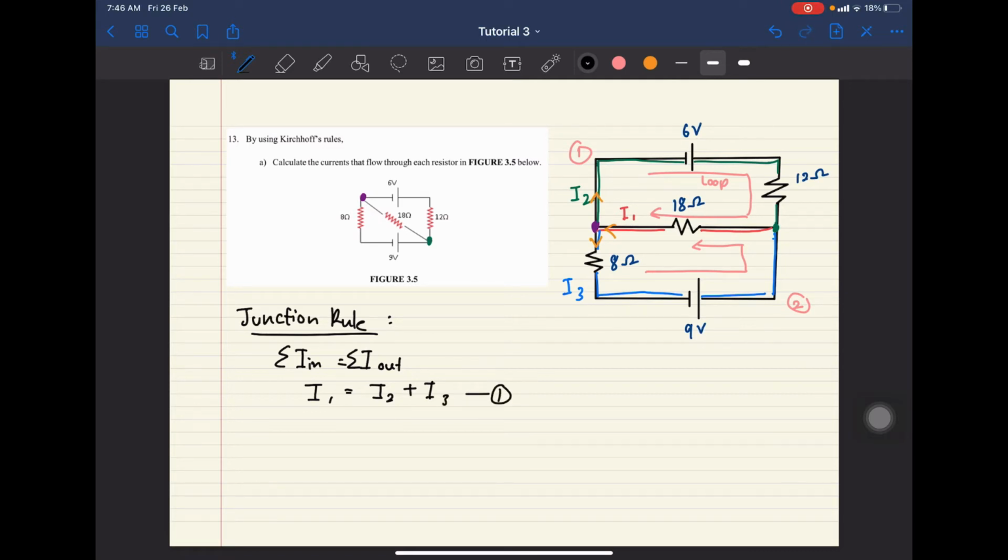Okay, my second equation is actually loop rule, where summation of EMF is equals to summation of IR, gain equal loss. So I'm going to start with the loop 1 first.